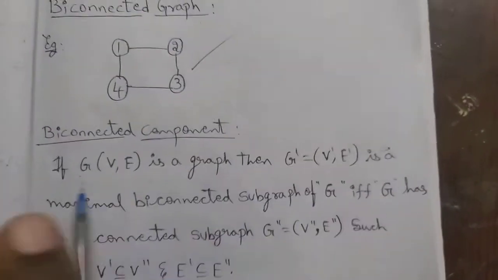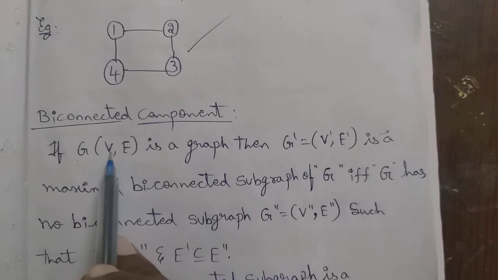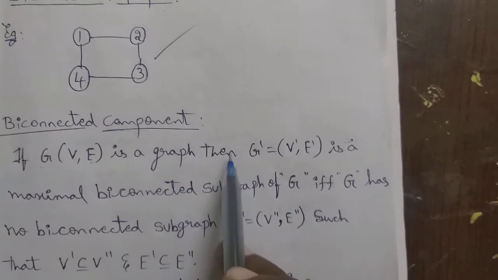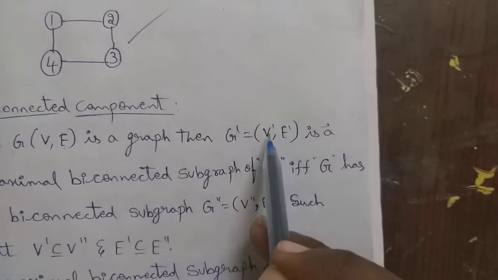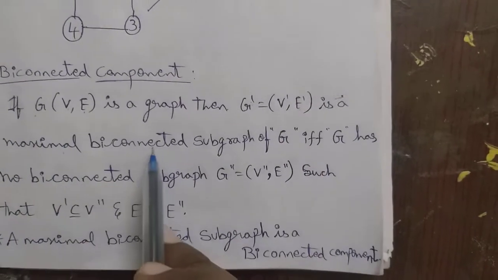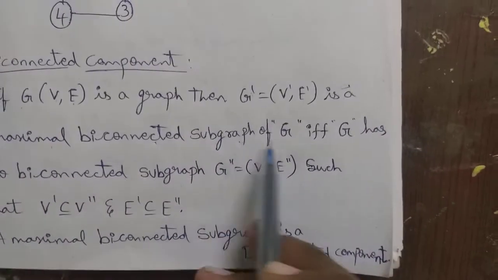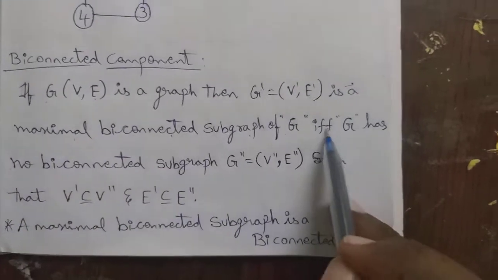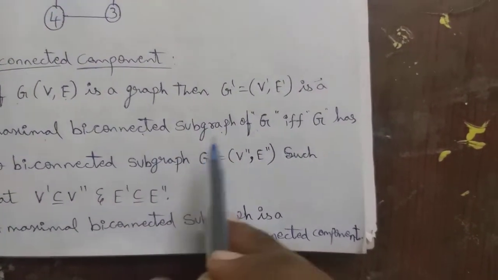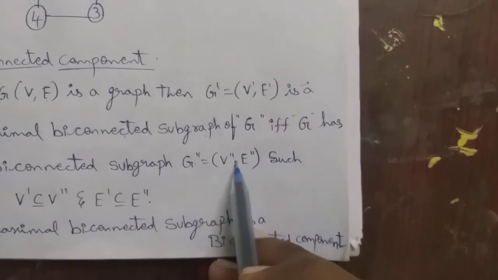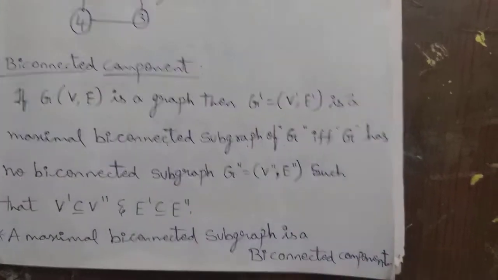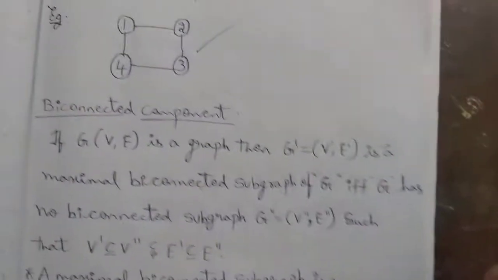If a graph G with V vertices and E edges is given, then G' with V' vertices and E' edges is a maximal biconnected subgraph of this G if and only if G has no other biconnected subgraphs G'' with V'' and E'', such that V' is a subset of V'' and E' is a subset of E''. What is meant by that?